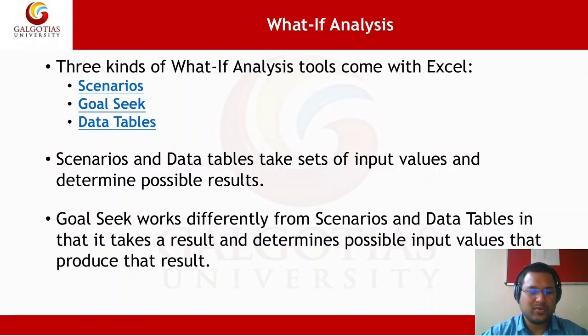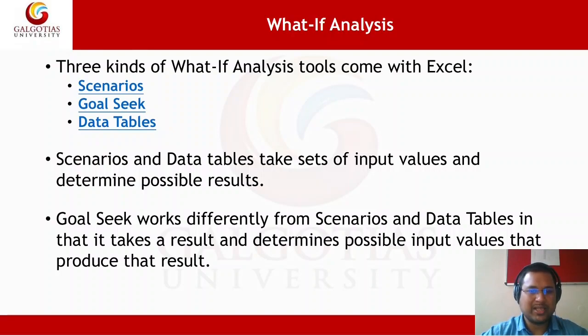If you sell 60% of the books at maximum price, or 70% of the books at maximum price, how will the results be different? Goal seek works differently from scenarios and data tables. In the case of scenarios and data tables, they take input values, and depending on those input values your result will be different. But in the case of goal seek, you know the goal.